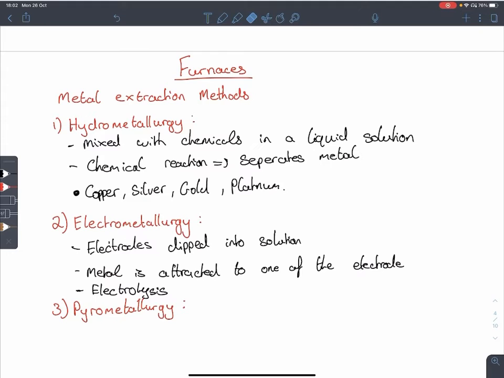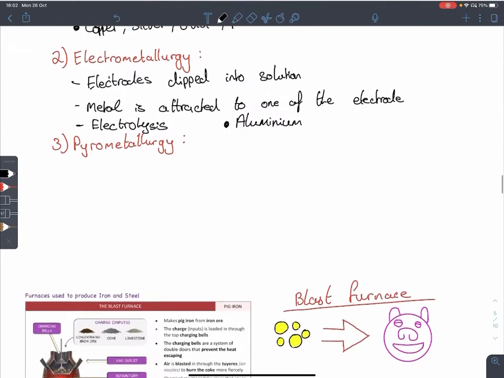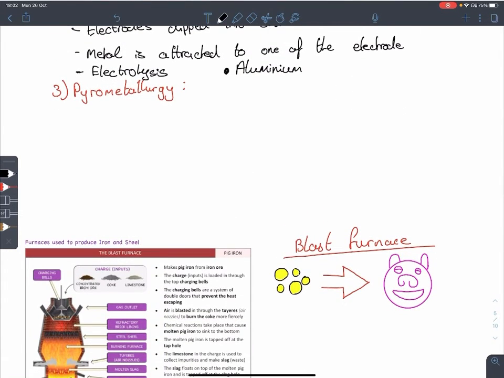And the example here is aluminium. Now, the final one is called pyrometallurgy. This is heat. The most common type of pyrometallurgy is smelting. Smelting produces the molten metal.